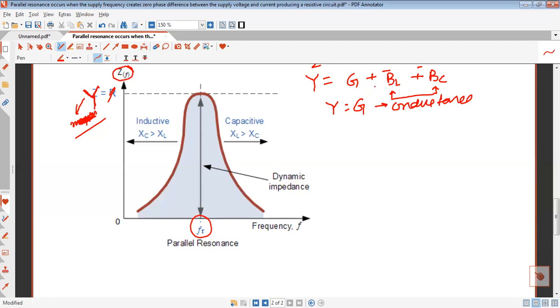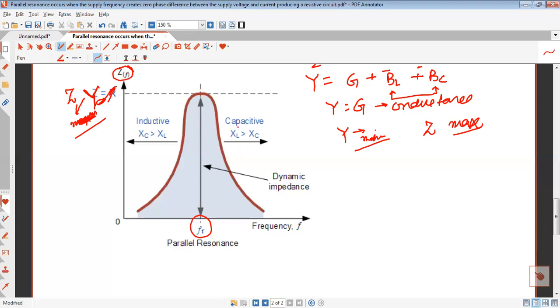If I see in the diagram, Y will be minimum here. Y minimum means Z will be maximum, because Z is 1 by Y. So Z is maximum at the resonance frequency.